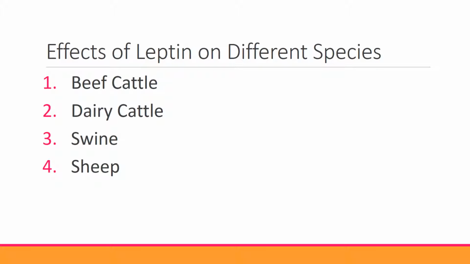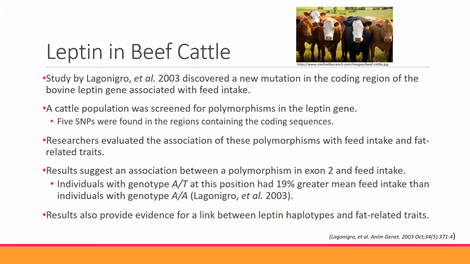So in the next section of the lecture, I wanted to discuss specific effects leptin has on different species, including beef cattle, dairy cattle, swine, and sheep. A study by Lagonagro in 2003 discovered a new mutation in the coding region of the bovine leptin gene associated with feed intake.